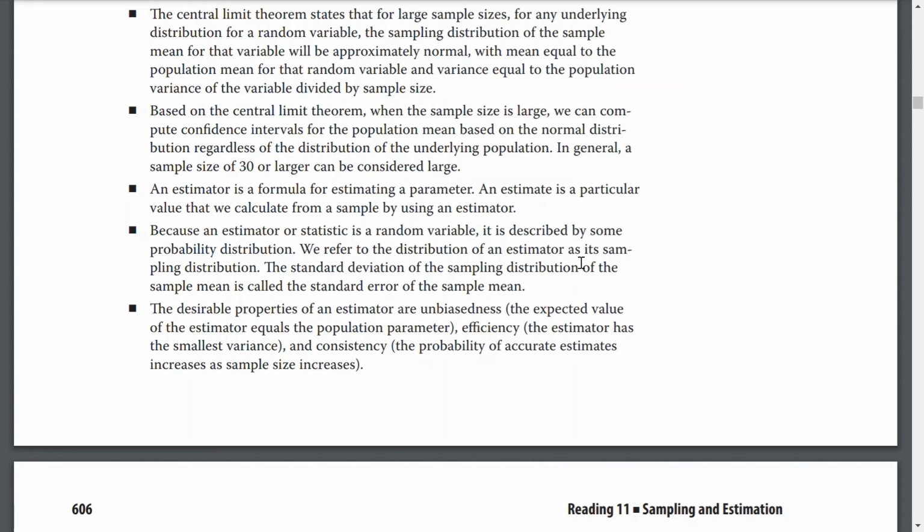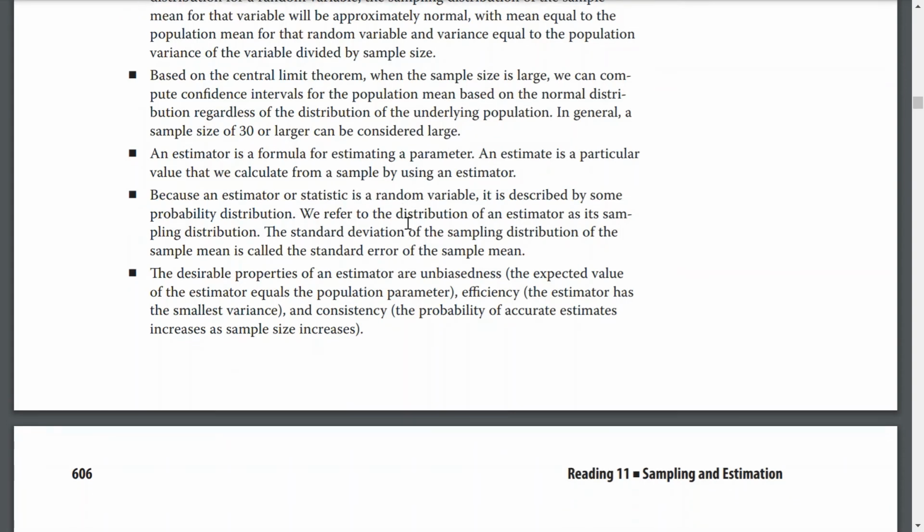Based on the central limit theorem, when the sample size is large, we can compute confidence intervals for the population mean based on the normal distribution, regardless of the distribution of the underlying population. In general, a sample size of 30 or larger, 30 is the magical number, can be considered large.